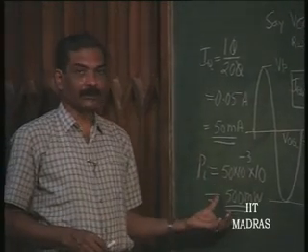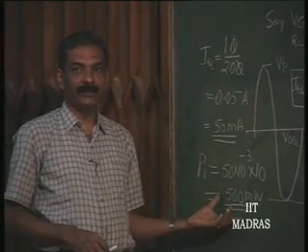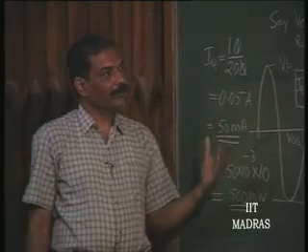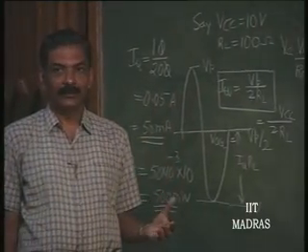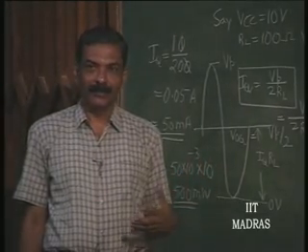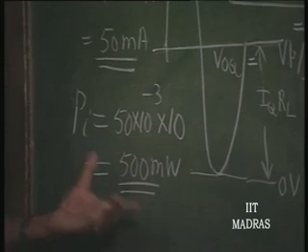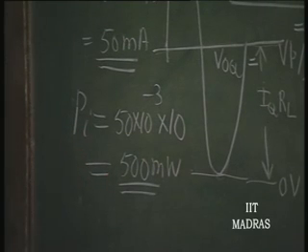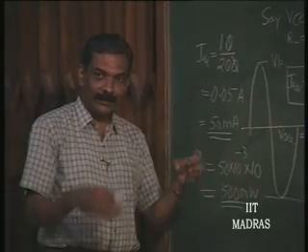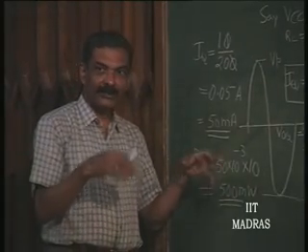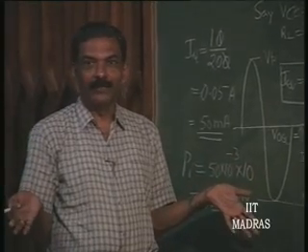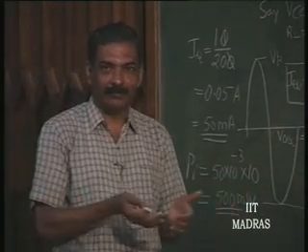This 0.5 watt of power is continuously wasted. Suppose you are using a battery there, even when the signal is not coming, this power is being wasted. So, this is why it is inefficient. In order to keep it in readiness for a swing which is going to be coming maybe some time or other, we are not sure whether this much swing is going to occur at any time.